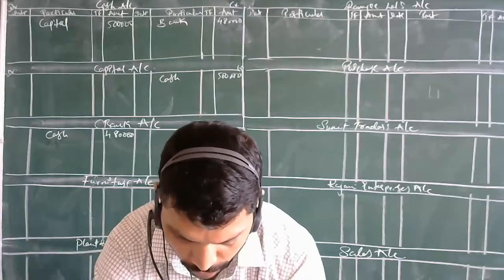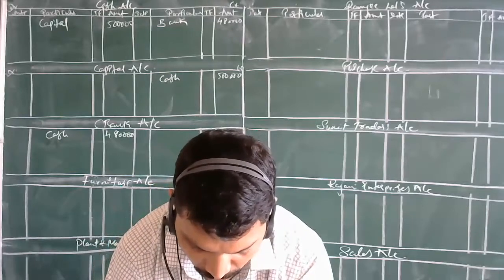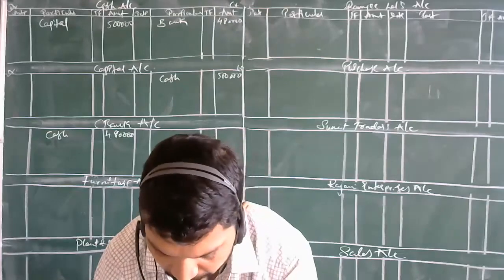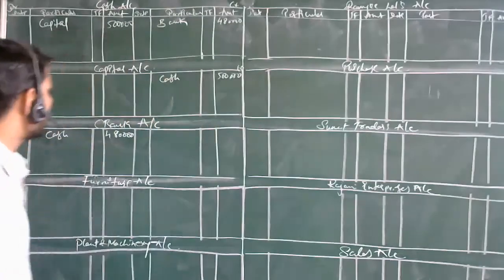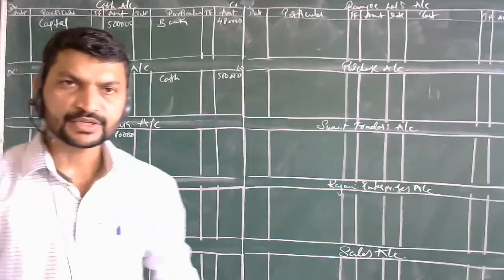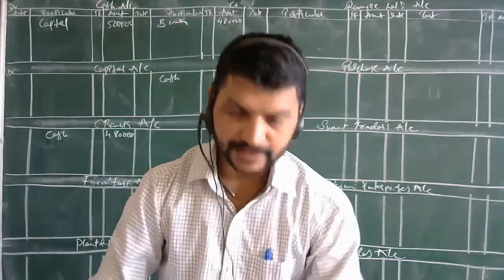So how are you going to take it? In the furniture account you are going to say it as bank account, and in the bank account you are going to pass the furniture. So the journal entry that took place here is furniture account debit to bank account.